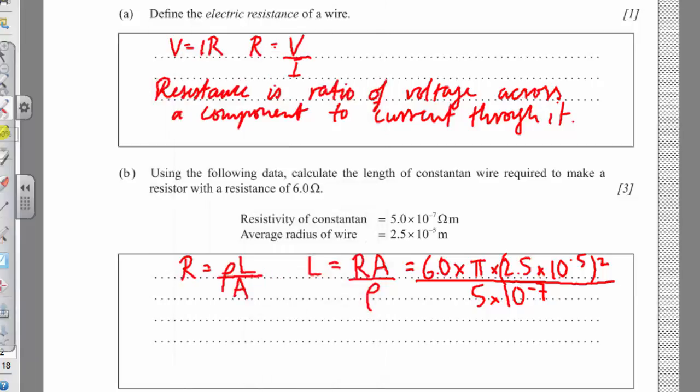So L equals 2.3 times 10 to the negative 2 meters. All right.